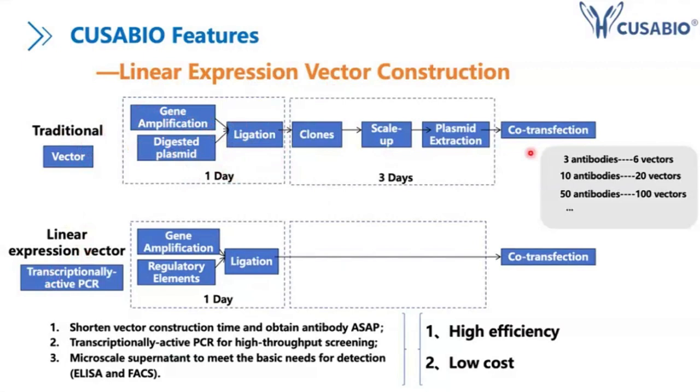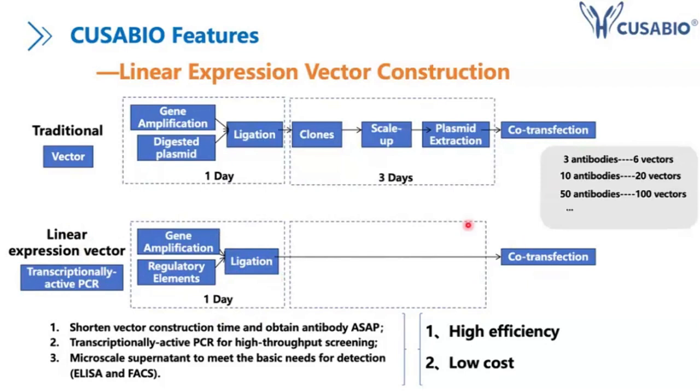But in CUSABIO, we use linear expression vectors. After the ligation, since our linear expression vectors already have the promoters, terminators, and other regulatory elements, we can go directly to co-transfection, directly transfecting into mammalian cells to generate the recombinant antibodies for further testing.